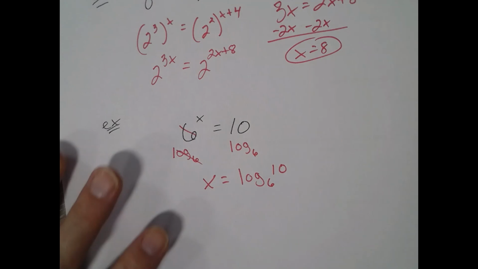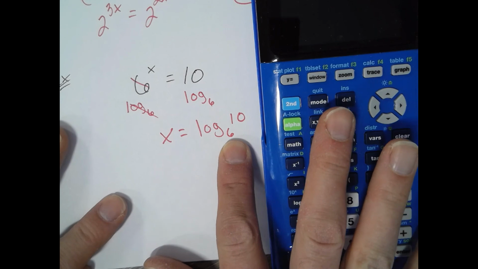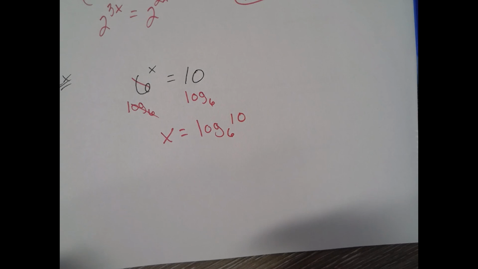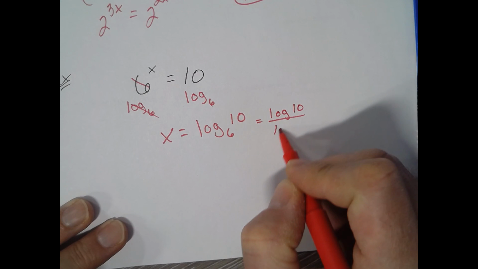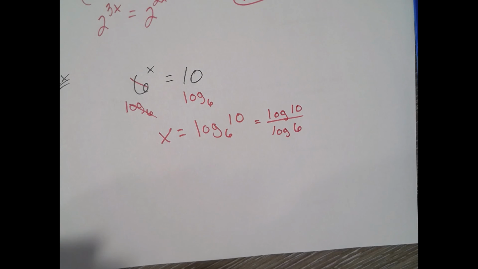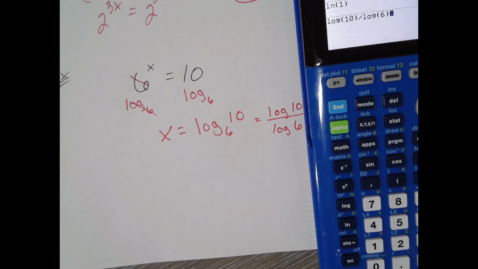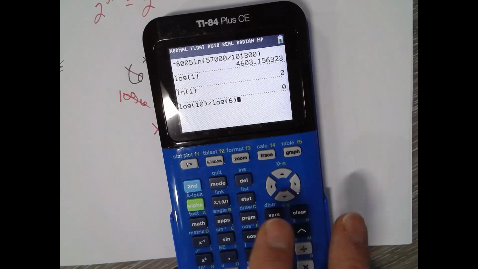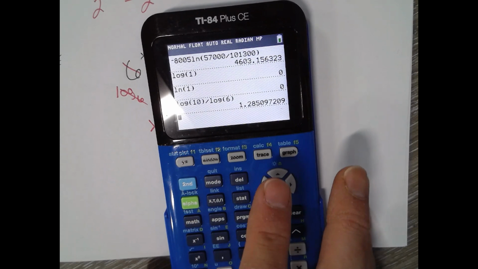We don't have a base 6 on our calculator, but we could change that using the change of base to be the log of 10 divided by the log of 6. And that we can do on our calculator. So we do log of 10 divided by the log of 6, and we get our answer, 1.285.